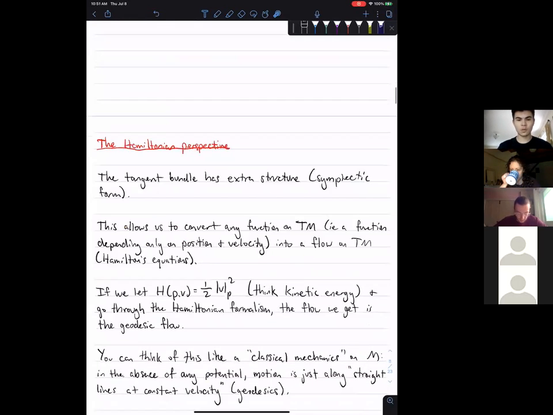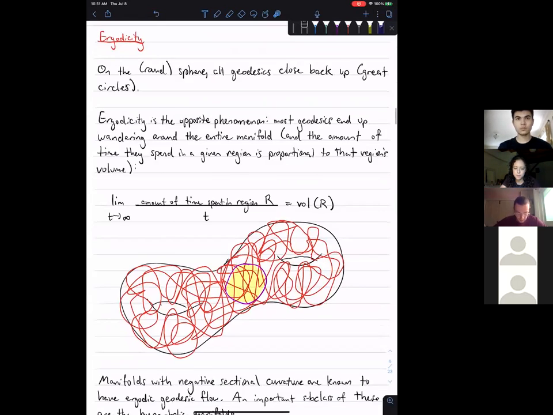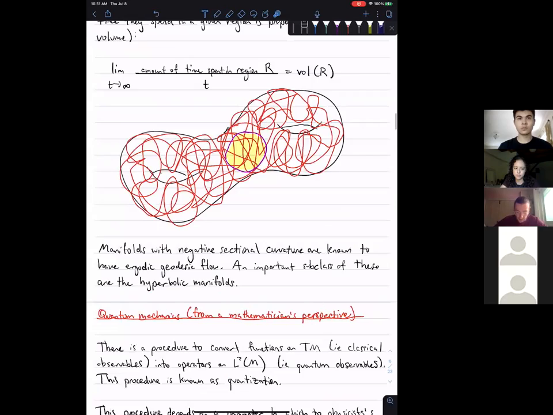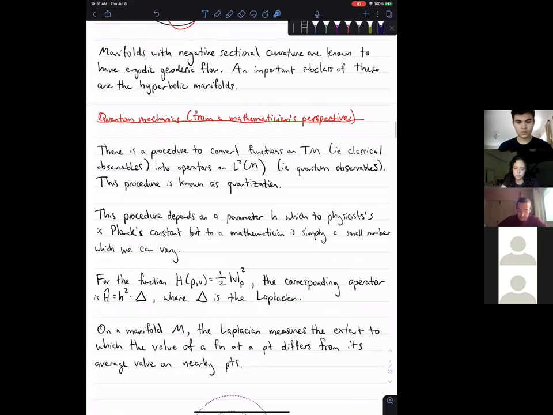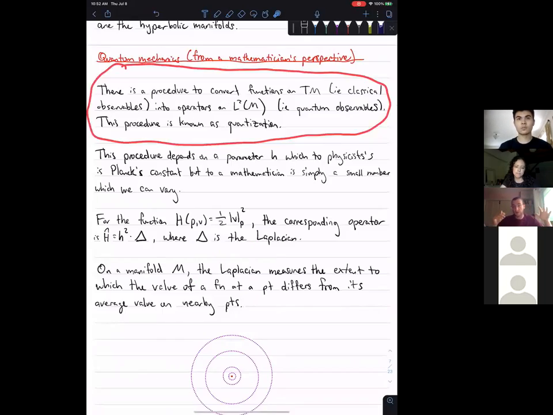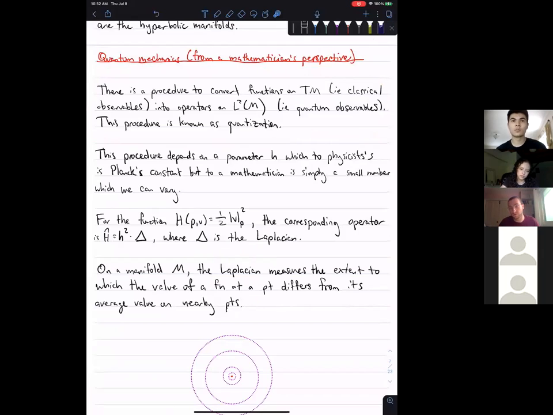So here I talked about this procedure on any manifold. On any Riemannian manifold, you have the Hamiltonian formalism that generates the geodesic flow. That doesn't depend on curvature. And you have this quantization procedure that allows you to reinterpret classical observables as quantum observables.